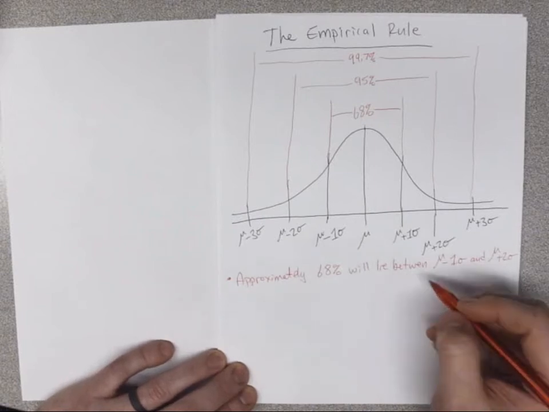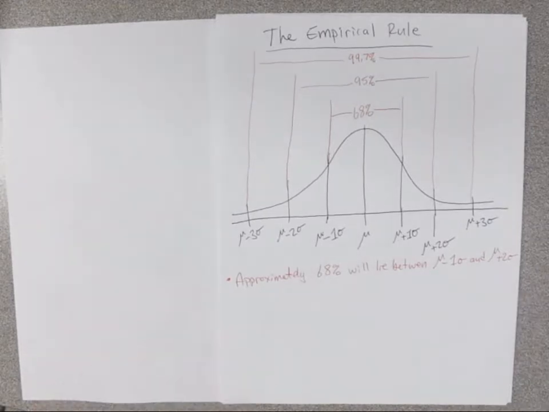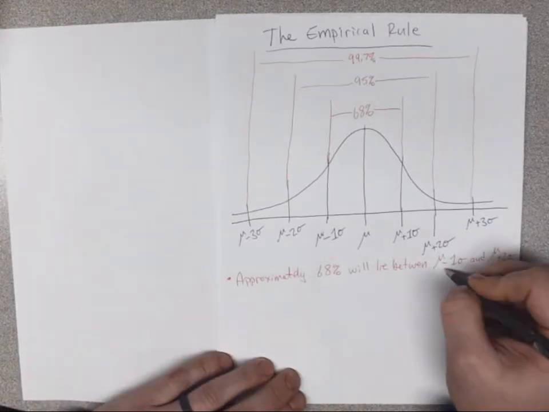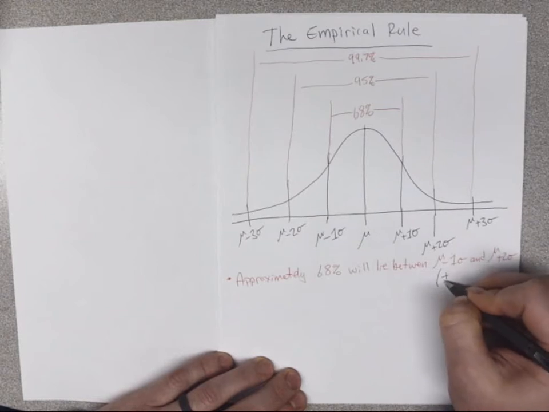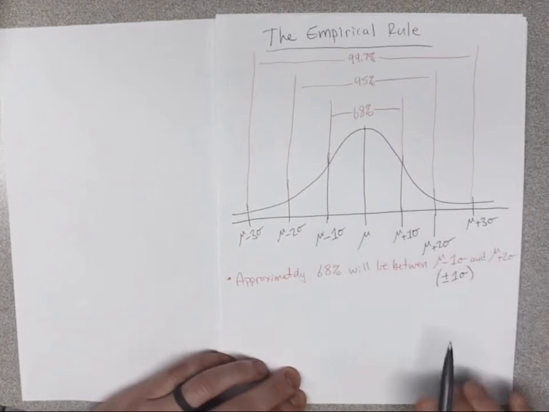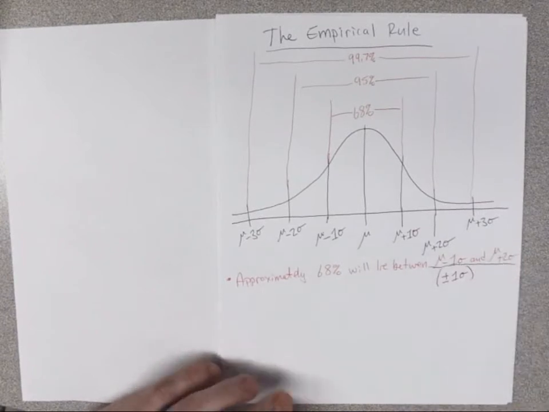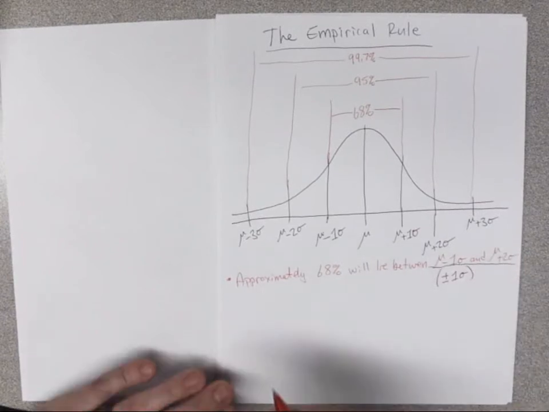Or I could have said plus or minus 1 standard deviation, plus or minus 1 sigma. I could have said that also, which if I would have written it, would have been written like this, plus or minus 1 standard deviation. This means the same thing as what I just wrote right here. So just get familiar with that terminology.